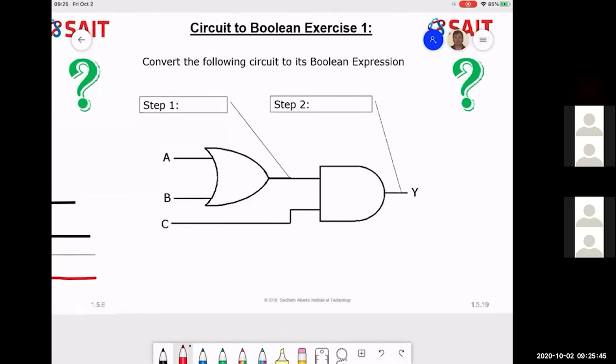A or B, correct. Okay, A or B. And then we're going to AND it with C. So we'd have A or B, and we're going to AND it with C to get Y.